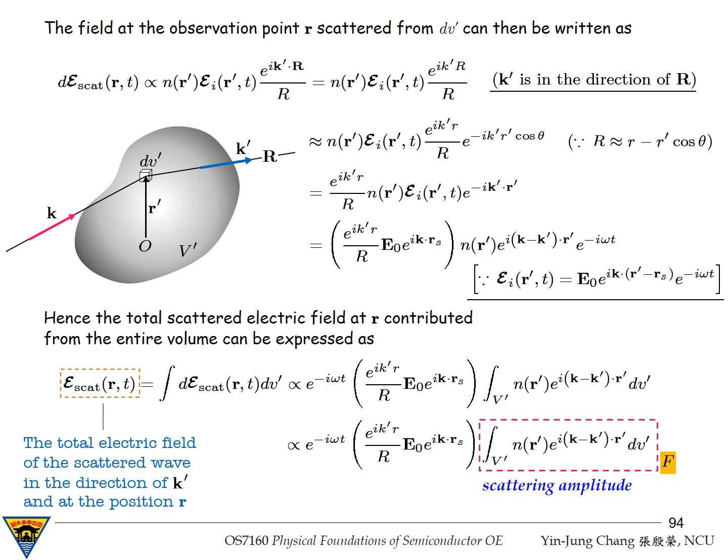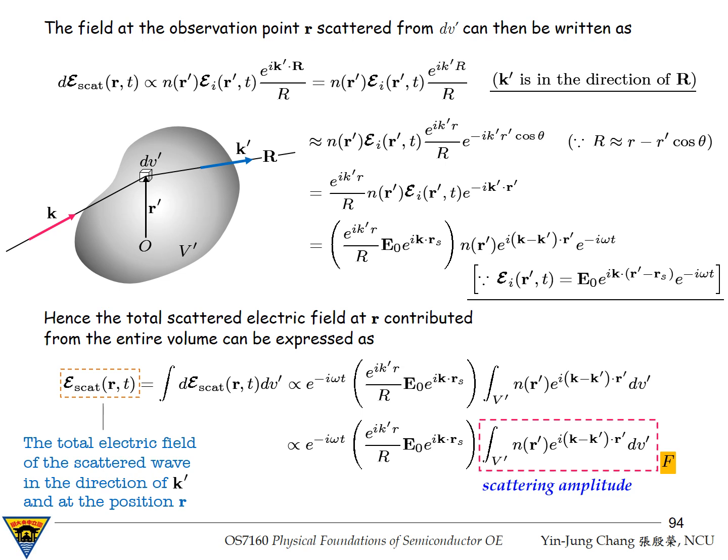It is worth mentioning that although the scattered wave vector k prime changes its direction towards the detector when originating from different differential volumes, the scattered wave vector k prime is essentially, or in practice, the same for all points in the sample, given that the detector is far away from the sample crystal.